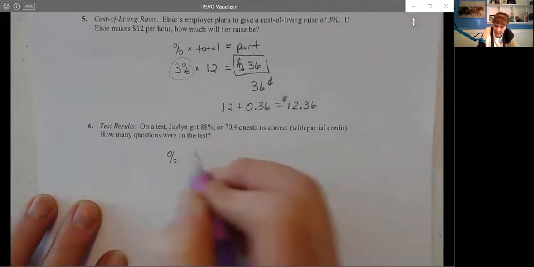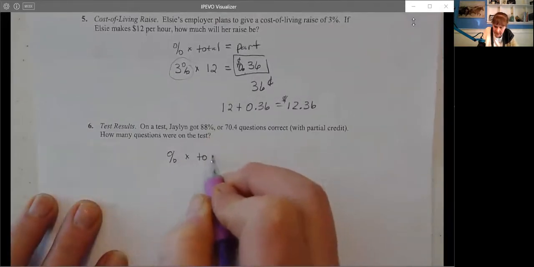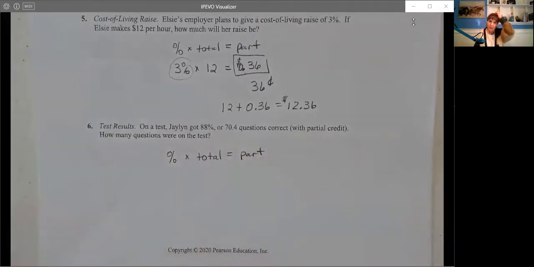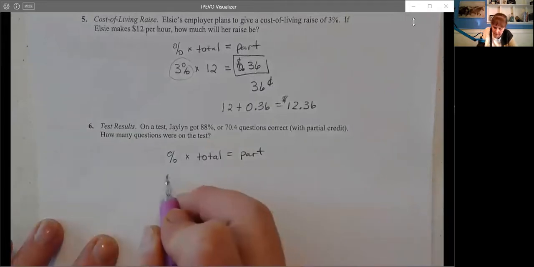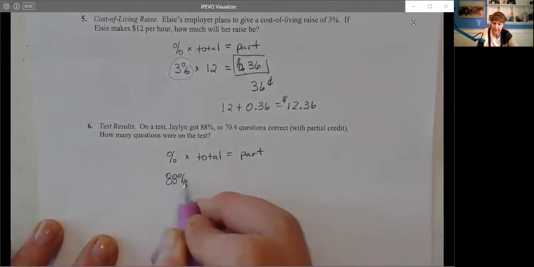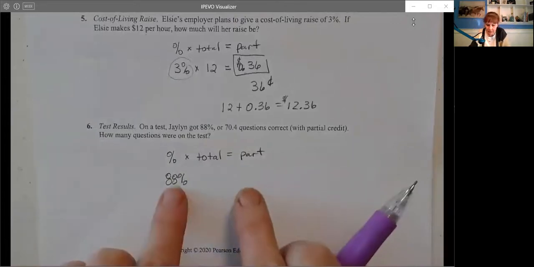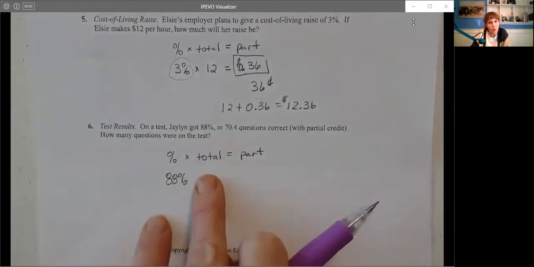So we've got the 88% times the total equals the part. You need to decide, well, obviously we know where the 88% goes. But what about the part? Where does that 70.4 go? Is that the part or is that the total number on the test?